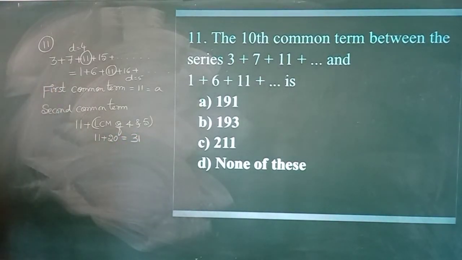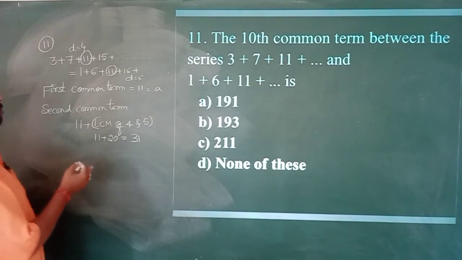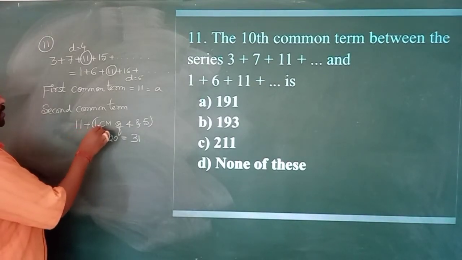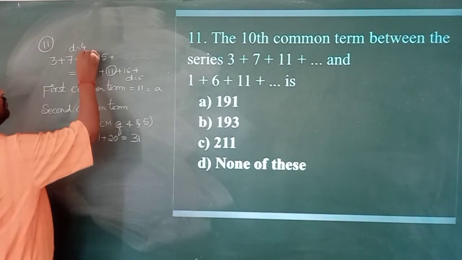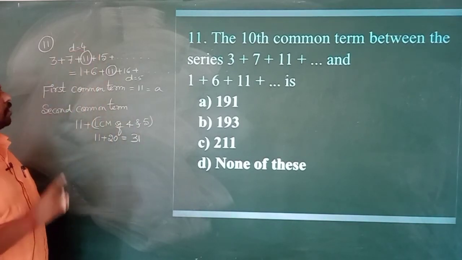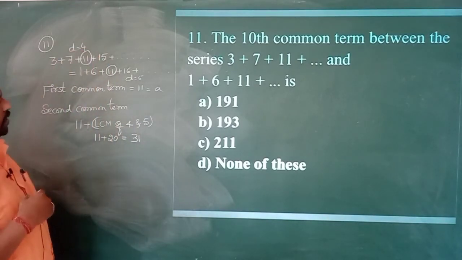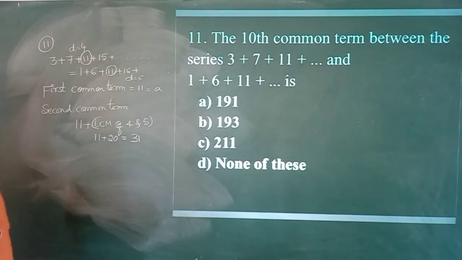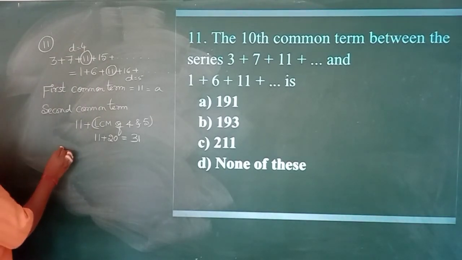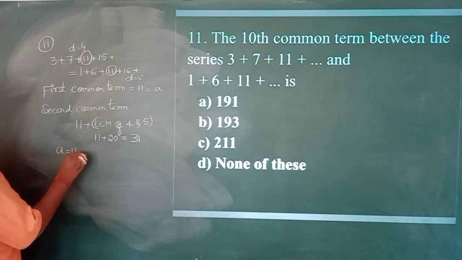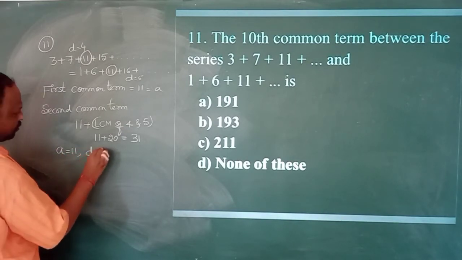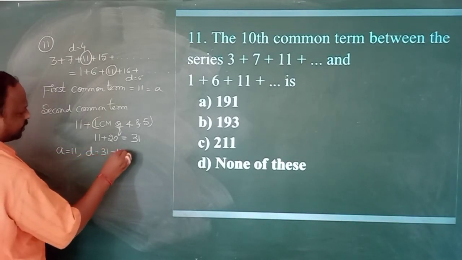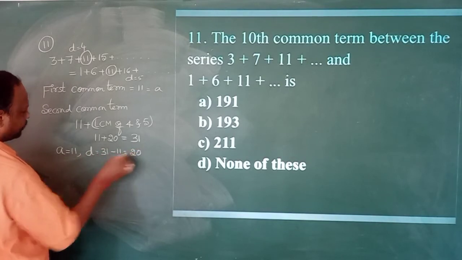First common term is 11. Second common term will be 11 plus LCM of 4 and 5. 4 is the common difference of the first series and 5 is the common difference of the second series. So therefore a is equal to 11, d is equal to 31 minus 11, that is equal to 20.